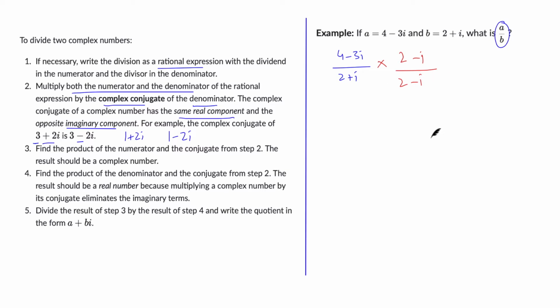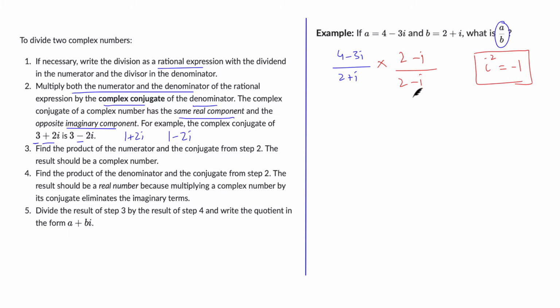This is basically step number 2. Now the question is, why did we multiply this expression with the complex conjugate? Because we need to get rid of the i that is there in the denominator. And if we multiply i with another i, what do we get? We get i squared, which is minus 1. So after you multiply, you won't have an i in the denominator.